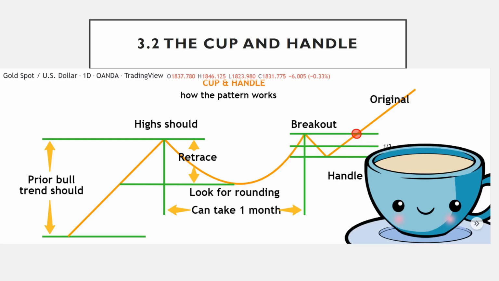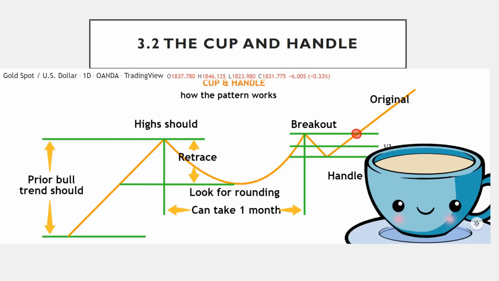So we have a prior bull trend, then there is a high, and then there's a retrace, and then the retrace is the price going sideways, okay, for a while. It could take a week or even up to a month. Then you have a breakout above the high that it has made, okay. So it breaks out, confirming that the market is ready to move on, okay.